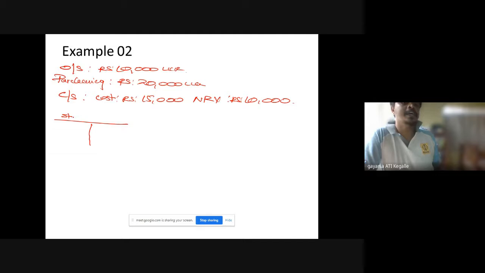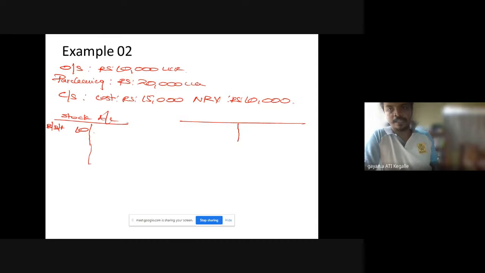In the stock account, balance brought forward 10,000. So that one can be recorded in the trade account too. Now you know the journal entry. Stock account credit as trading account debit.